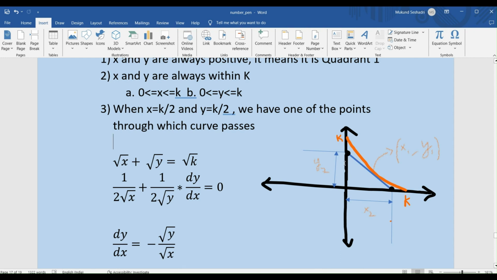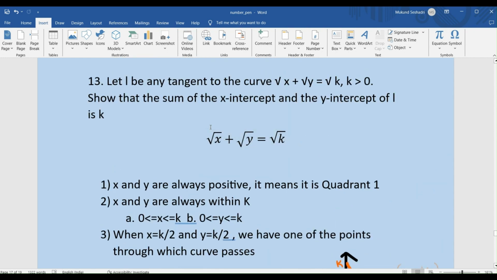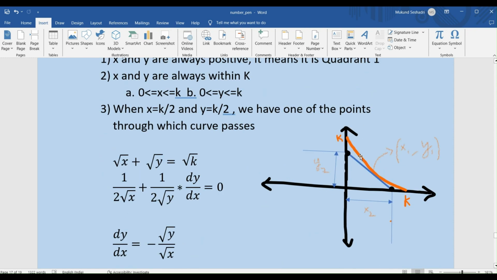We have been asked to prove that the sum of the x-intercept and the y-intercept of the line is k. So what do we mean by x-intercept? As we extend the tangent, the point where it cuts the x-axis, the distance between the origin and that point is your x-intercept, and the point where it cuts the y-axis, the distance from the origin to that point is your y-intercept.